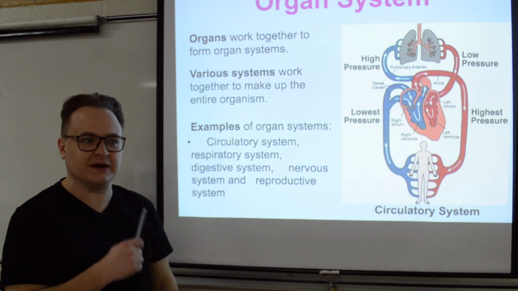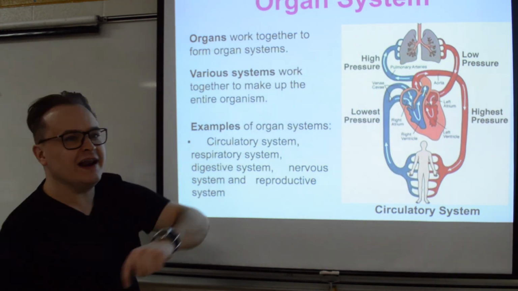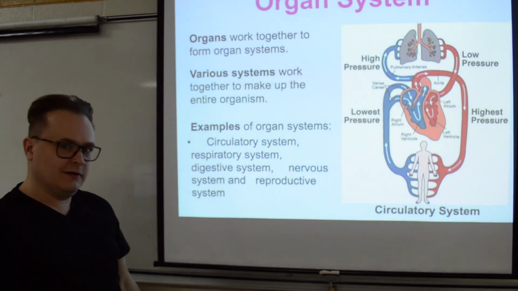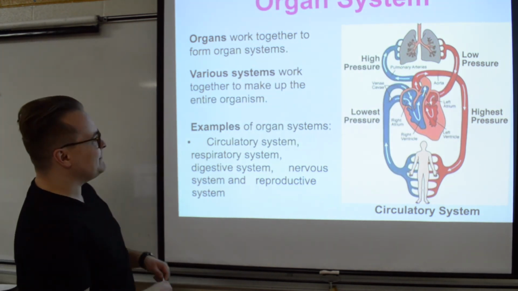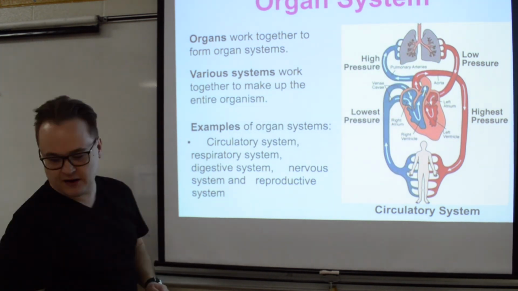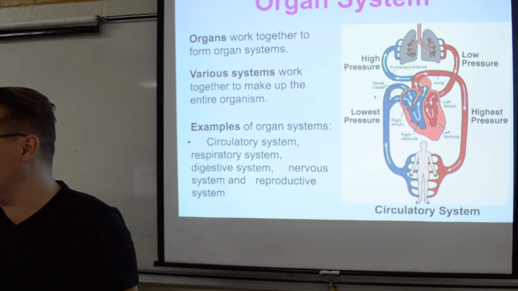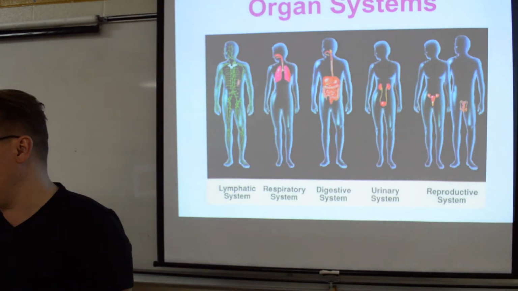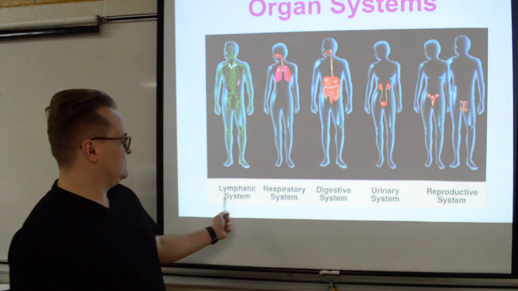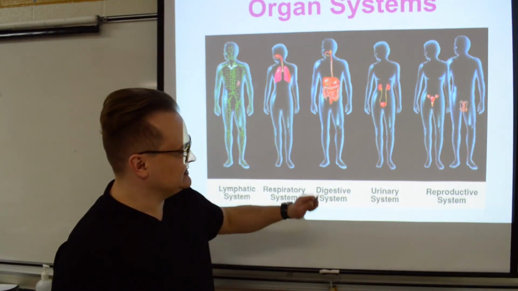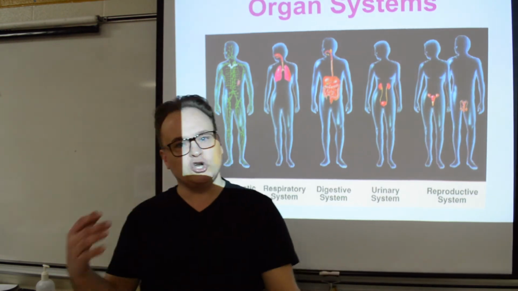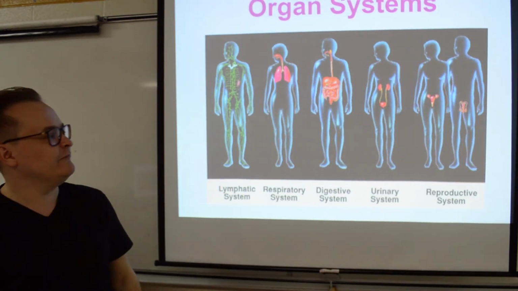All those systems working together make up an organism. I'm an organism. Examples of organ systems are right there, and the last one is just a list of some organ systems: lymphatic, respiratory, digestive, urinary, reproductive. You should know a few because you might be asked to name various systems.